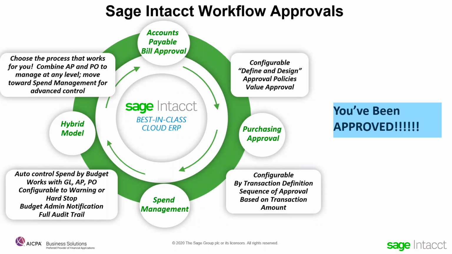And this allows you to utilize accounts payable and purchasing and to apply that spend management when you need that advanced control. So again, this is all part of Sage Intacct's native solution. It's however you choose to use it, what works best in your organization.